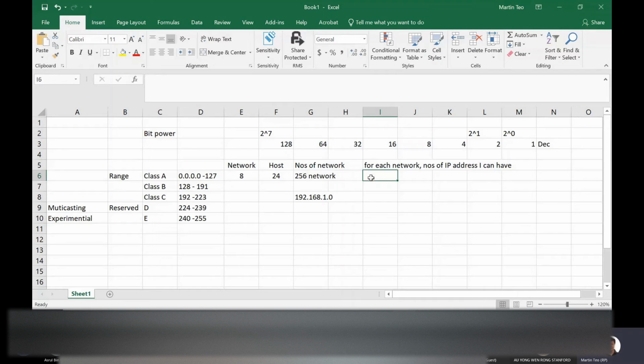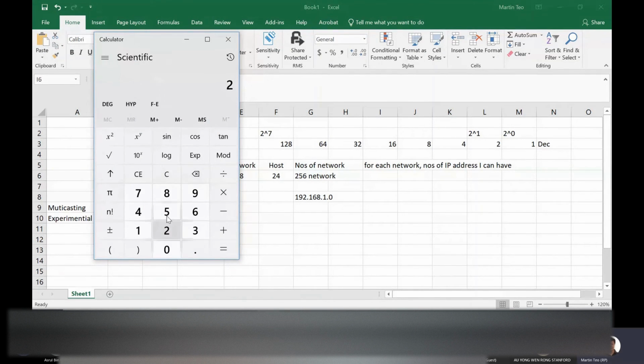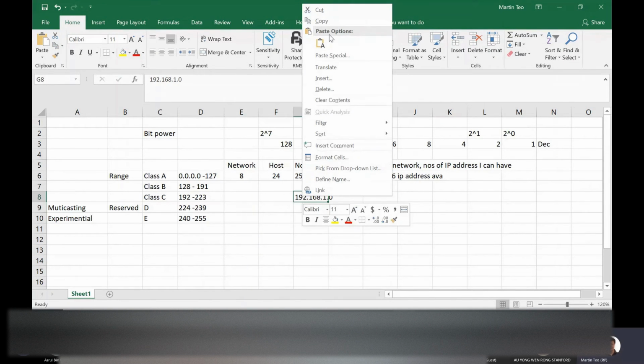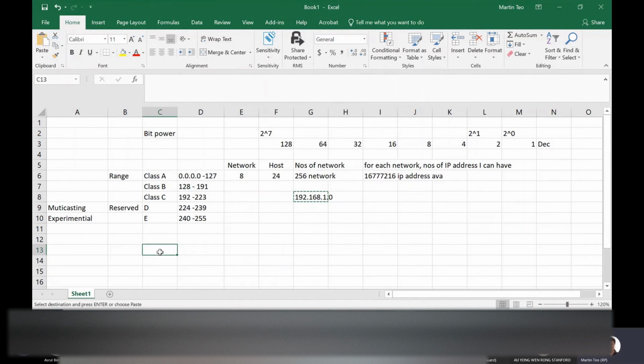So I have 2 to the power of 24 IP addresses. All right, so this is for class A.